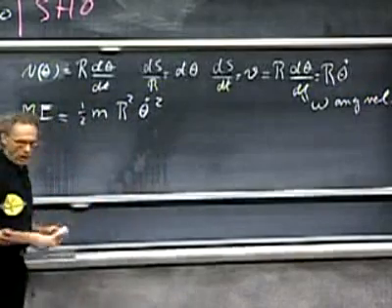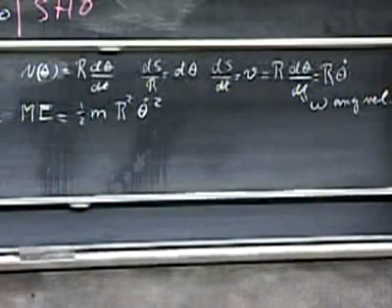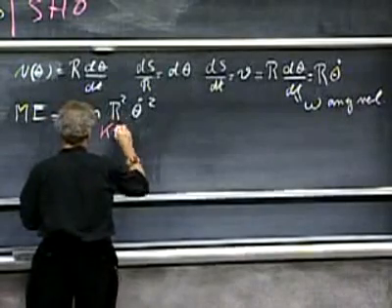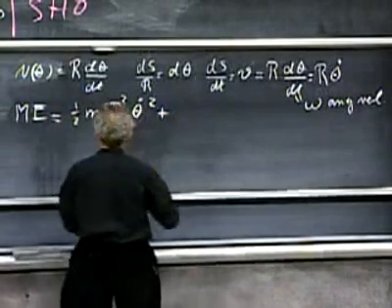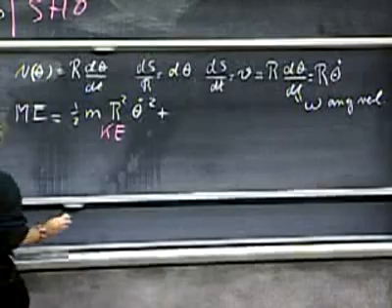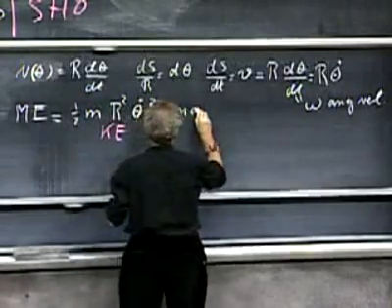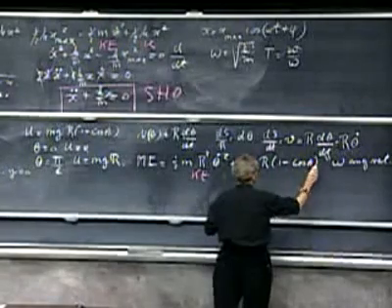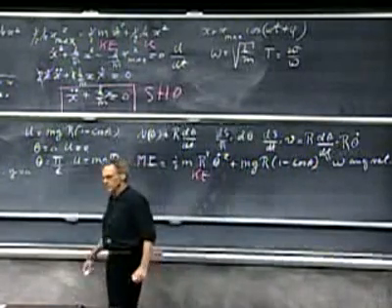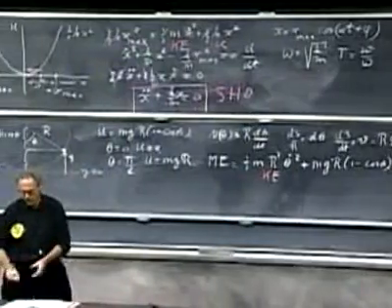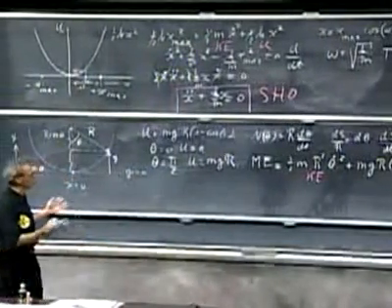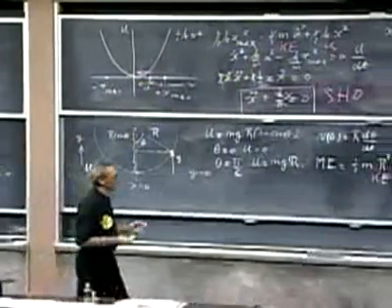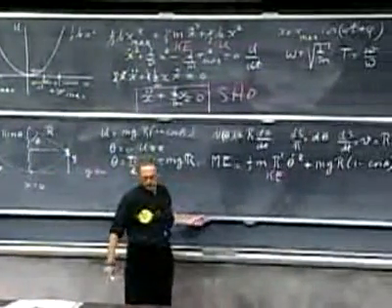This is simply 1/2 mv squared, nothing else, so this is the kinetic energy, plus the potential energy, which is mg times r times (1 minus cosine theta). And this is always the same, independent of the angle theta, because gravity is a conservative force. So this is the conservation of mechanical energy.